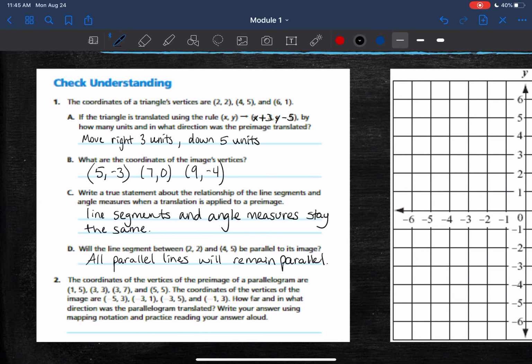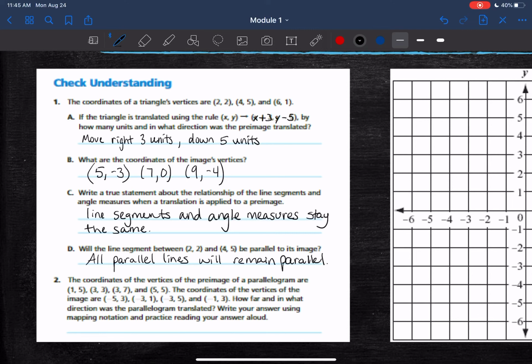Here's an example I want you to try and work on your own. The coordinates of the vertices of the pre-image of a parallelogram are 1, 5, 3, 3, 3, 7, and 5, 5. The coordinates of the vertices of the image are negative 5, 3, negative 3, 1, negative 3, 5, and negative 1, 3. How far and in what direction was the parallelogram translated?